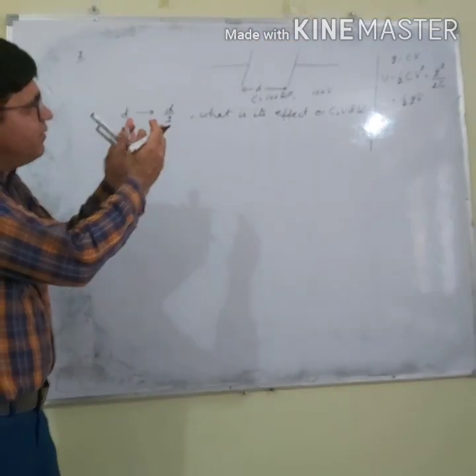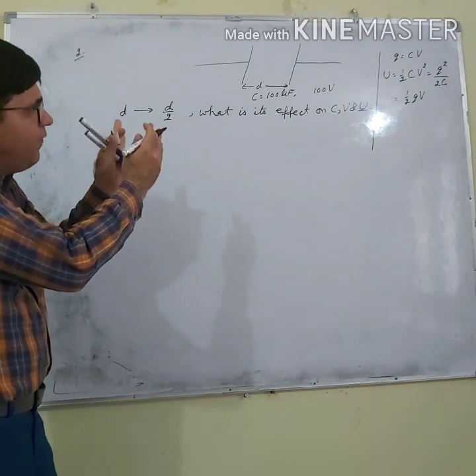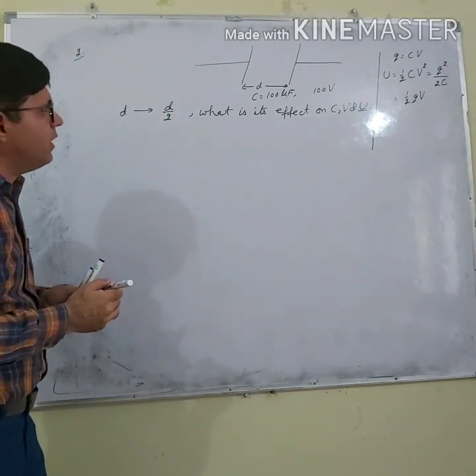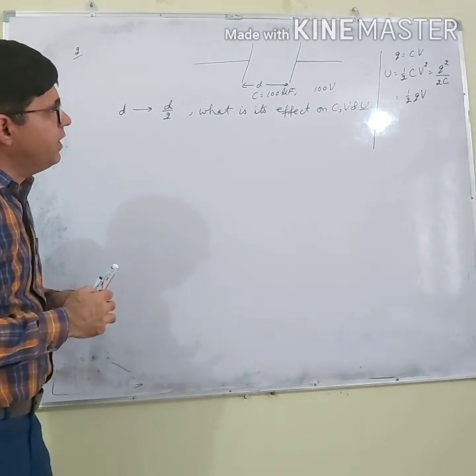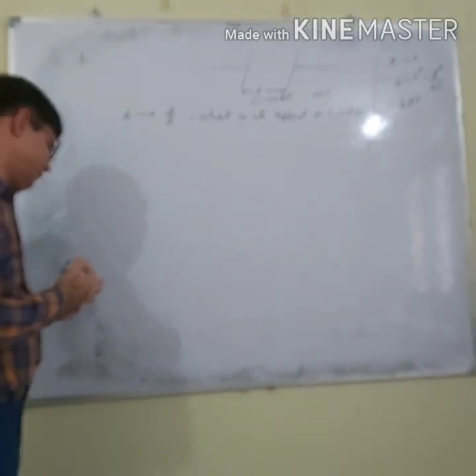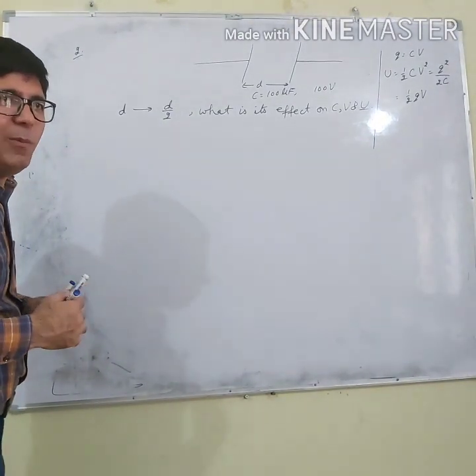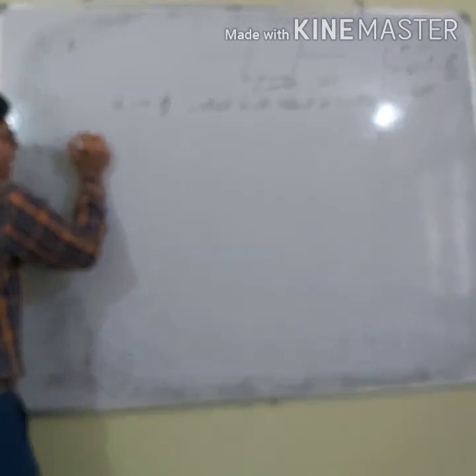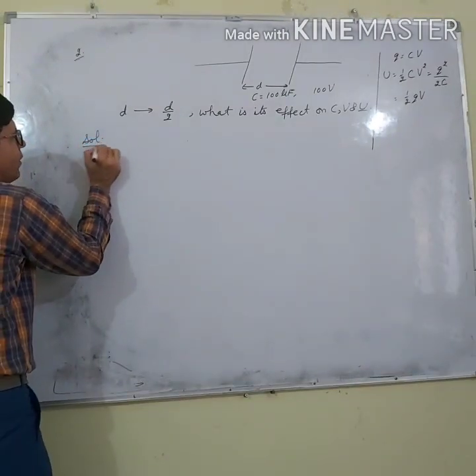I have reduced the separation between the plates of the capacitor to half. What will be its effect on the capacity, potential and potential energy? So let's check it out. How much will be its effect? The answer is simple.